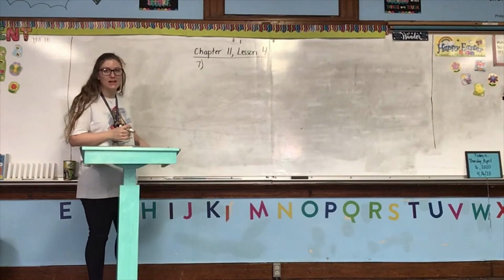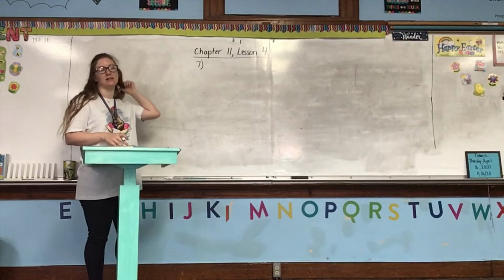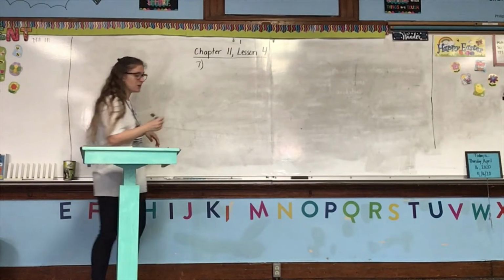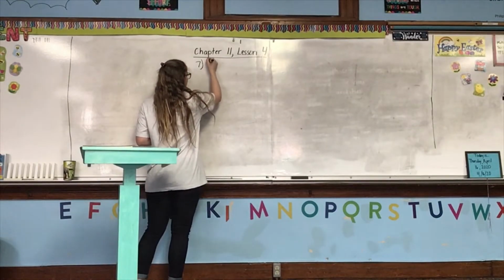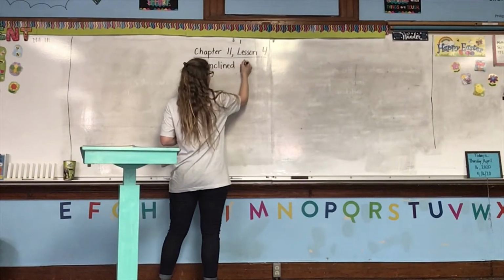So, word number 7, I think we're on number 7. If we aren't on number 7, then just write it correctly in your notebook. Number 7 is the word inclined plane.